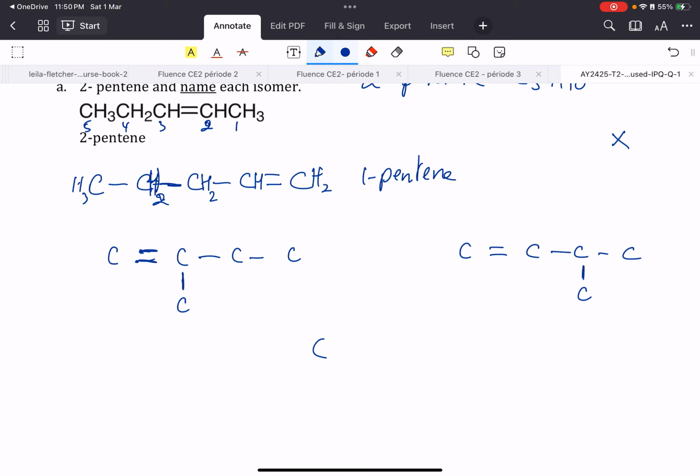Or one more option, 1, 2, 3, 4, double bond here and the branch over here. It's the same if I put the branch also over here. It's the same numbering. So let's fill it with hydrogens.